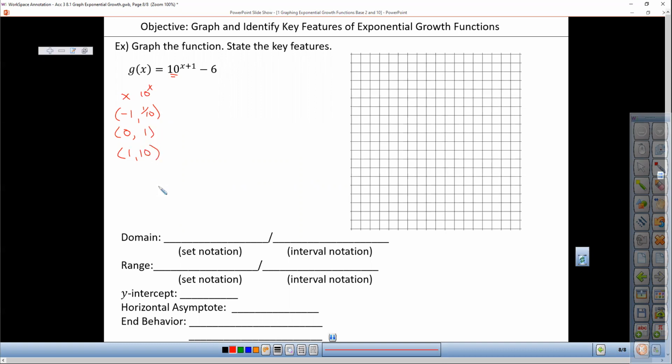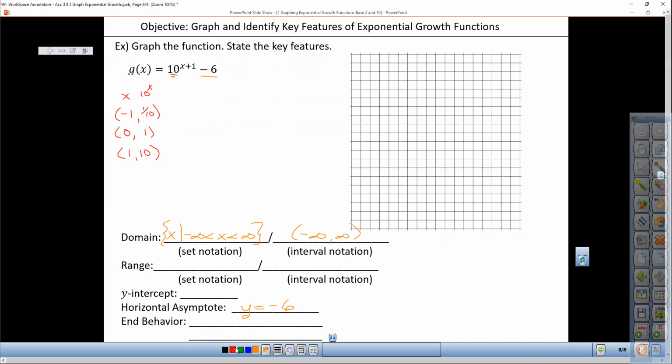These will be the key points that I'm going to transform. My k value here is -6. So that gives me a horizontal asymptote like before. Here would be y equals that k of -6. Domain, as I said, it's an exponential function, so it's the set of all real numbers. So our set notation, negative infinity is less than x, and x is less than infinity. Interval notation with parentheses.